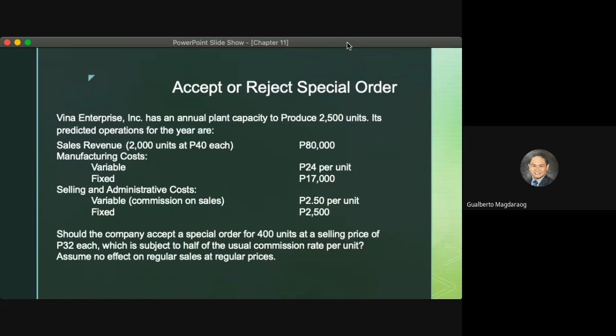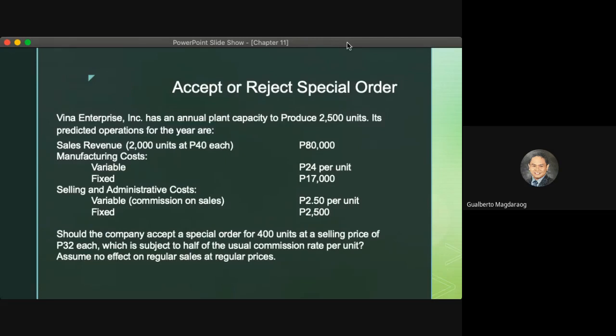The manufacturing cost is 24 per unit, plus a fixed cost of 17,000 pesos. Selling and admin expense, the variable is 2 pesos and 50 cents each, with a fixed cost of 2,500. Should the company accept a special order of 400 units at a selling price of 32 pesos each, which is subject to half of the usual commission rate per unit, assuming no effect on regular sales at regular price?